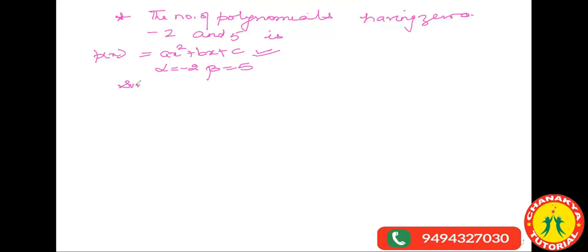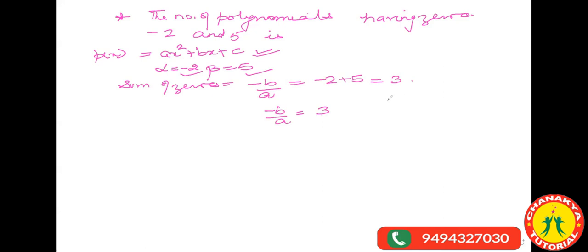Now if you are calculating the sum of the zeros, it will be minus b by a. And the sum of the zeros means minus 2 plus 5, that is 3. You are adding these two, so it will be 3. Clear this thing? So that means minus b by a is equal to 3.